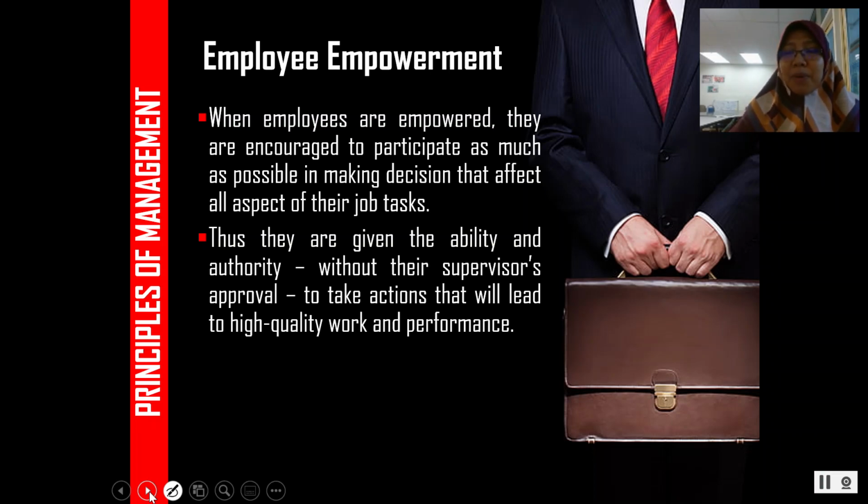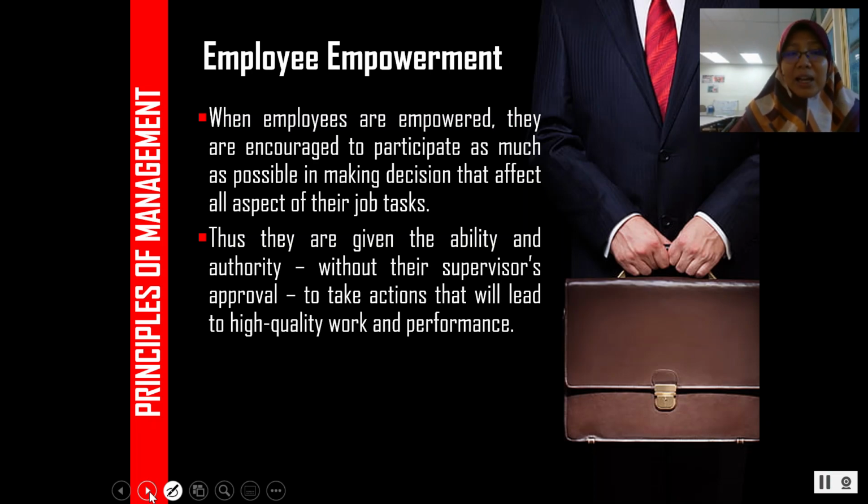Okay, for example, when you are outstation or you have some other job, then your subordinate needs to make a decision. You empower your subordinate to make that decision. You give trust to your subordinate to make any decision without notifying you.